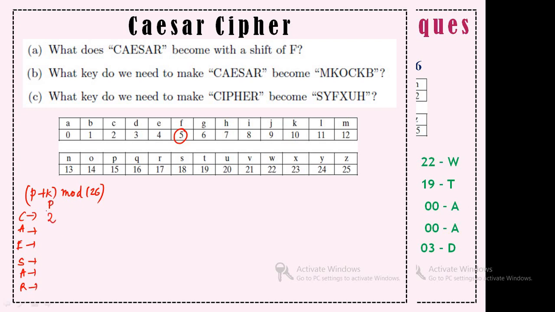So if I go by the table, C is 2, A is 0, E is 4, S is 18, then we have A again, which is 0, and R is 17. So this is my plain text. The key, as always in this case, we have chosen as 5, which is constant throughout. So kindly make the arrangements and the necessary addition and find the answer.